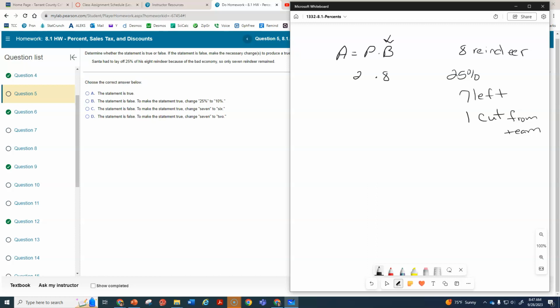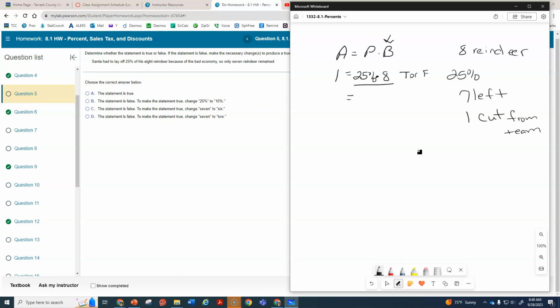So this will be 25%. And they're telling us that that resulted in him having to cut 1 from the team. And they want to know if this is a true or false statement. True or false. So we have some math that we can do over here.